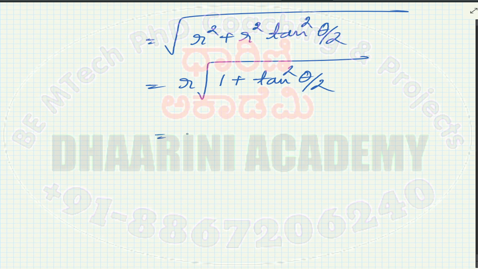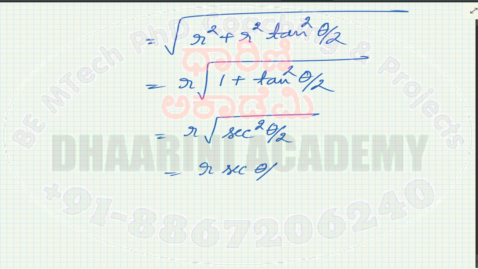So that is equal to r into square root of secant square, now it's not theta, it's theta by 2. So square and square root will cancel. So you are left with r into secant theta by 2, which is the required answer for ds by d theta. Okay, this is the first half of the question.